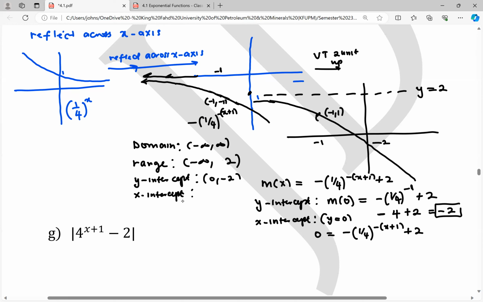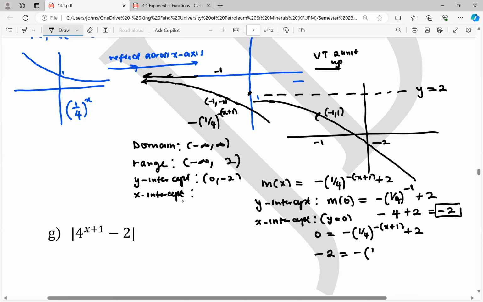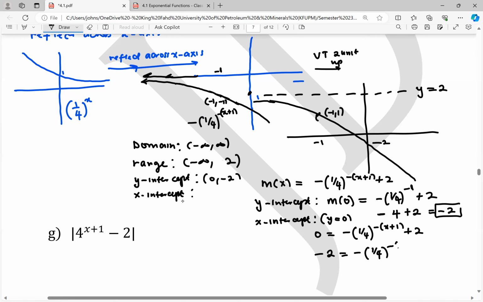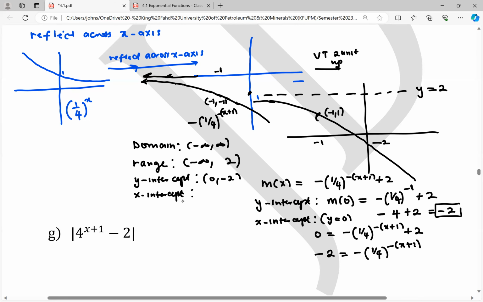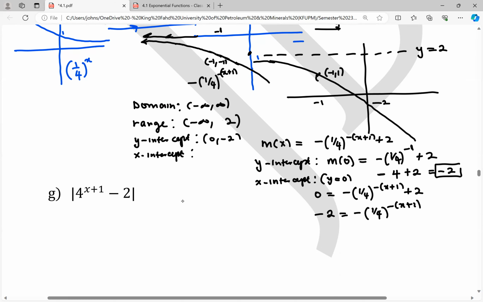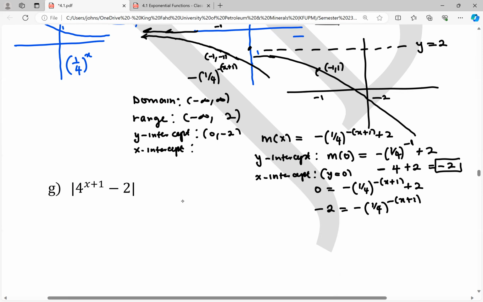Now, if you take minus 2 here, this becomes minus 2 equals minus 1 over 4 to the power minus x plus 1. The minus will go with the minus, so you have 2 equals.